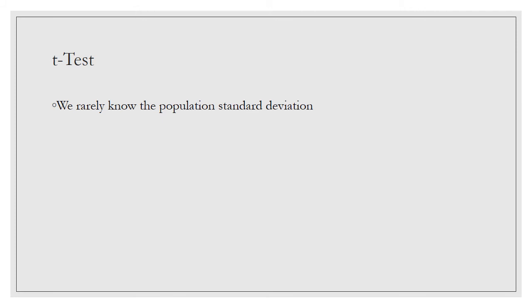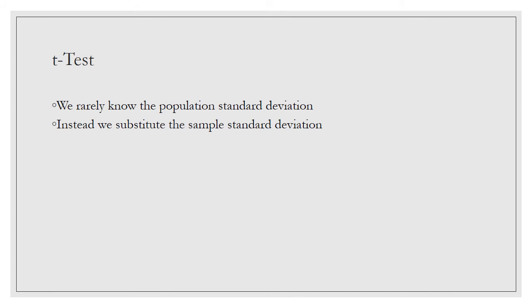That rarely ever happens. So instead of using the population standard deviation, we substitute some version of the sample standard deviation. And that depends on whether or not we have a one sample t-test, we're just looking at one sample, or whether we're comparing two groups to each other. It depends whether those are an independent or dependent test, which I'll go over in a moment.